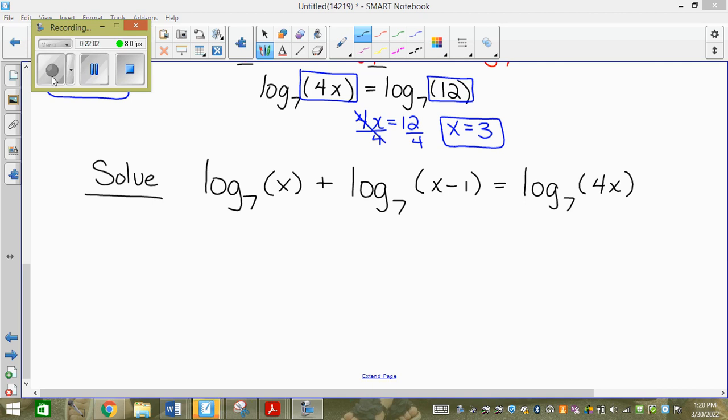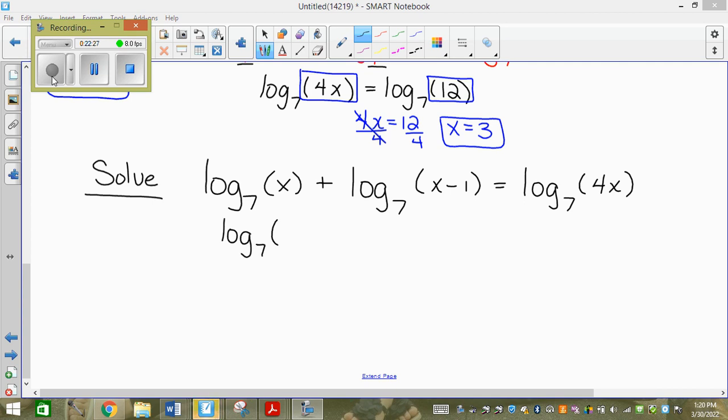So we have log base 7, correct? We have plus ones in front of them, correct? When they are all logs, our goal is to get whatever's on the one side and whatever's on the other side into a single logarithm. Because if I have log base 7 of something equals log base 7 of something, I can set them equal. We agree? So I'm going to go log base 7.